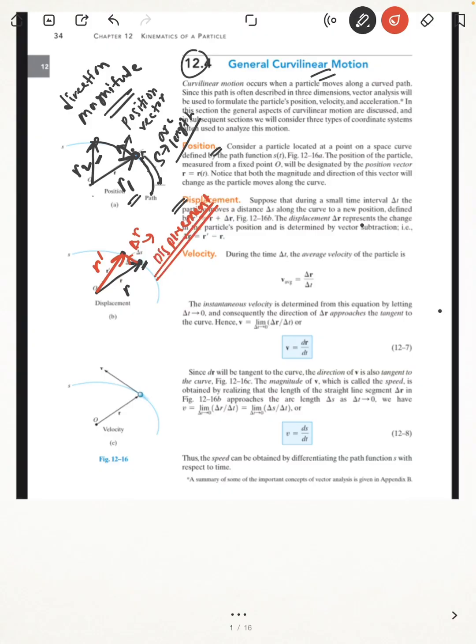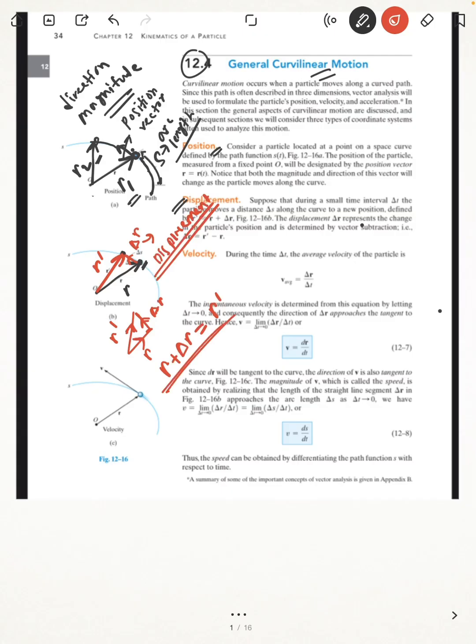If I apply the vector rule, one is this direction, another is this direction, and another is this direction. So this is R, this is del R, and this is R prime. This and this are in the same direction, but this is in the opposite direction, so I can write R plus del R is equal to R prime.